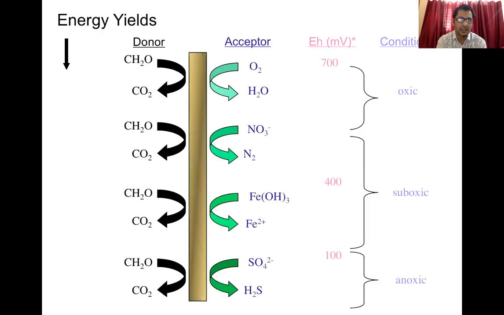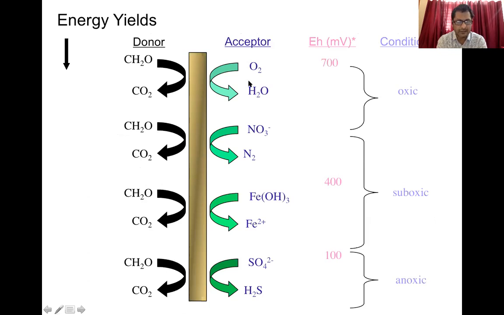Suppose this is an electron donor, like CH2O, a form of glucose or carbohydrates, which is converted into CO2. In this process, whatever electrons are coming out are taken by oxygen, which is converted into water.